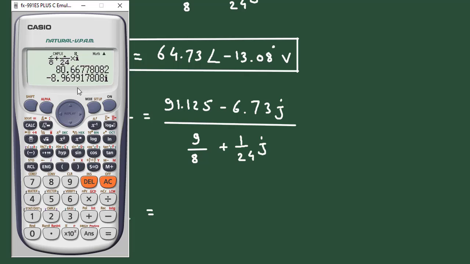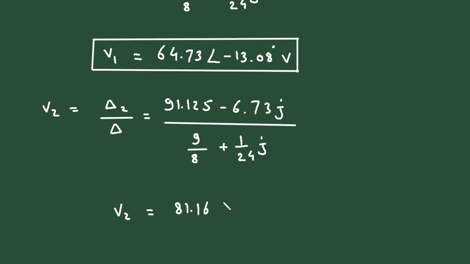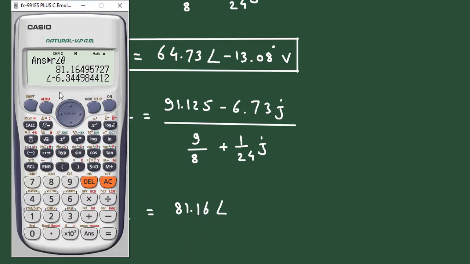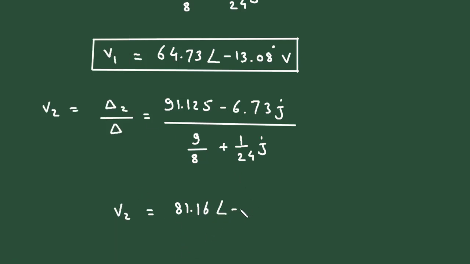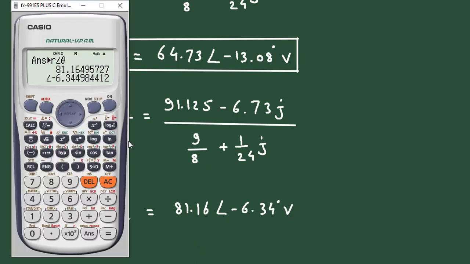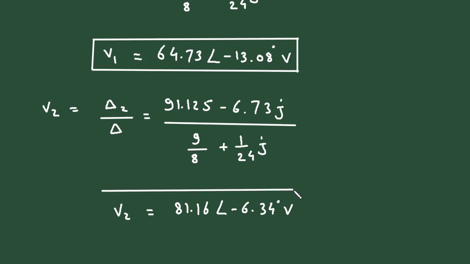So in polar form this will be shift to 3. 81.16 at an angle minus 6.34 degree volt. So this is the answer for V2.